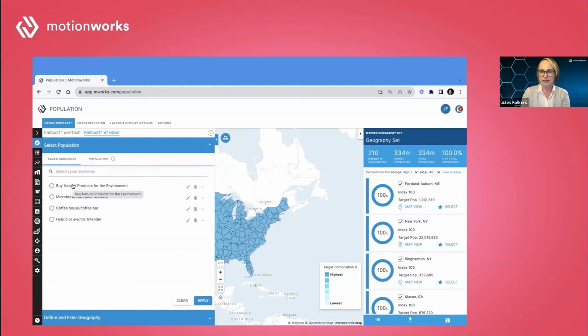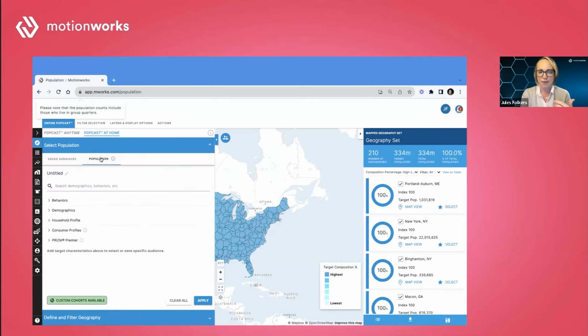Starting from that Popcast at home use case where we were looking at where people were looking to buy natural products and how that might tie into particular retailers, targets, or other focus for D2C brands, et cetera. You'll see here I do have a saved population segment. I'm going to go through the process of selecting it directly, but you can see for types of cohorts that are most interesting, you can save those and have those readily accessible for analyzing them in different ways as you want to target different geographies, different timeframes, et cetera.